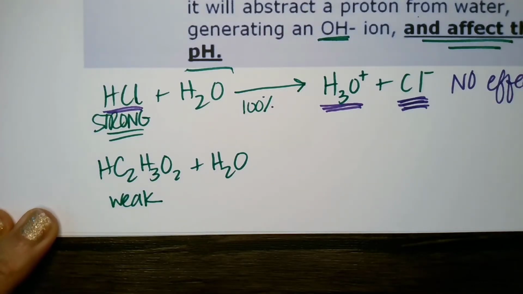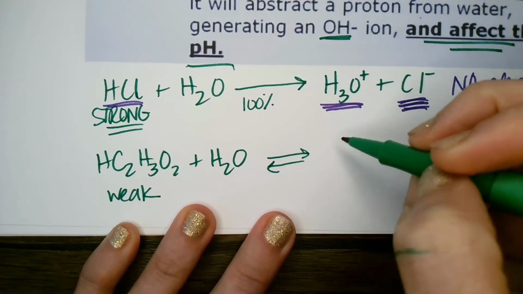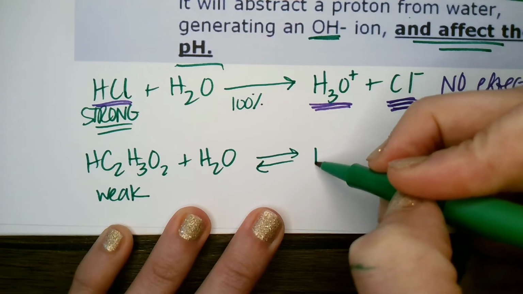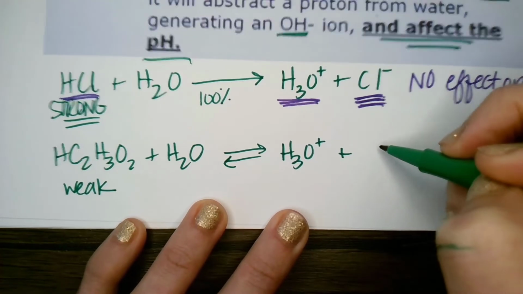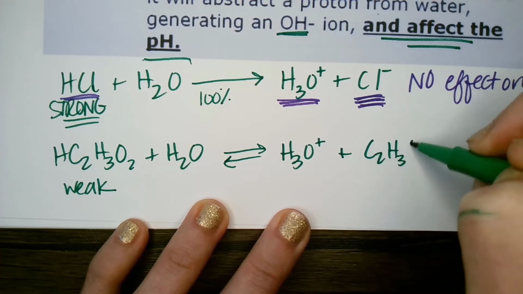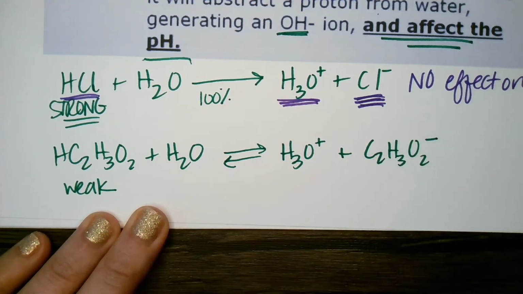We know that all of these that have Ka constant values are weak acids. So we have an equilibrium, therefore, and we know that we have H3O plus and C2H3O2 minus.